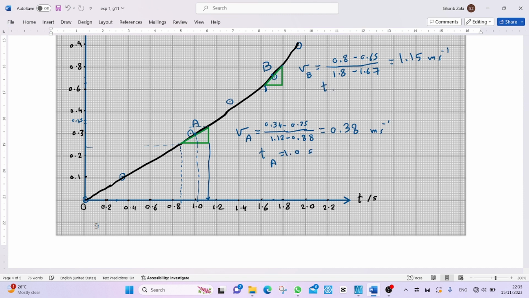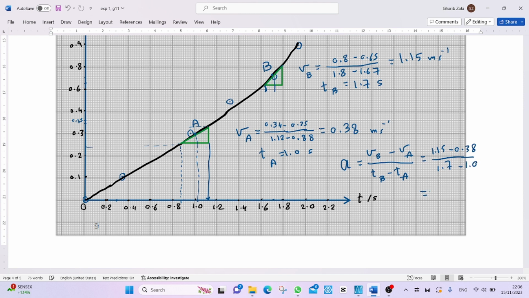The time at point B, here in the middle, is 1.7 seconds. Then the average acceleration is V at B minus V at A over T at B minus T at A. V at B is 1.15 minus V at A 0.38, over T at B 1.7 minus 1.0.